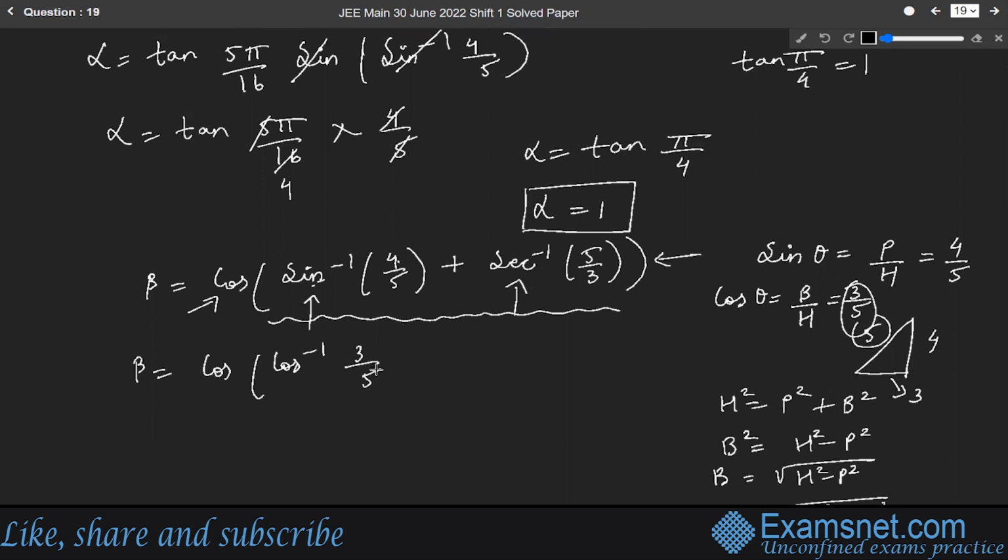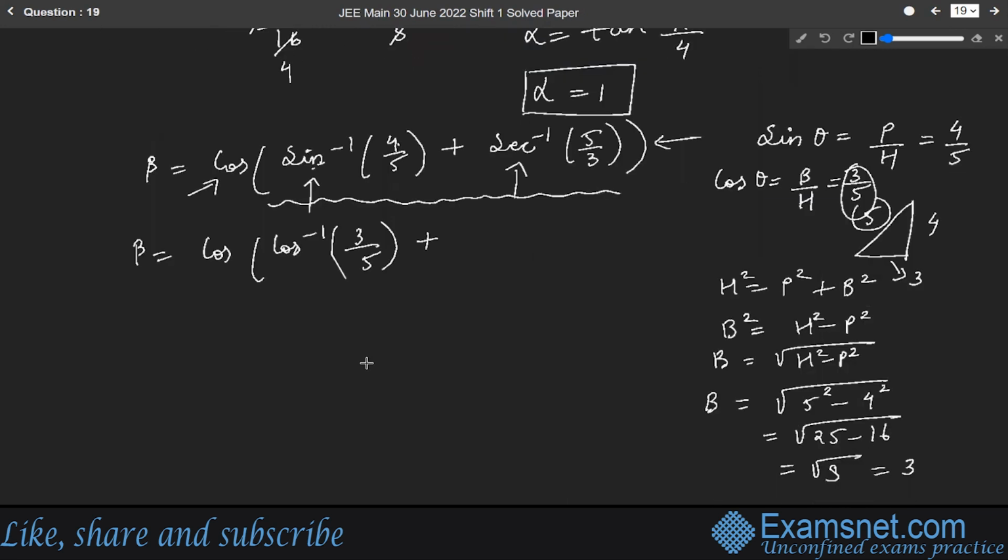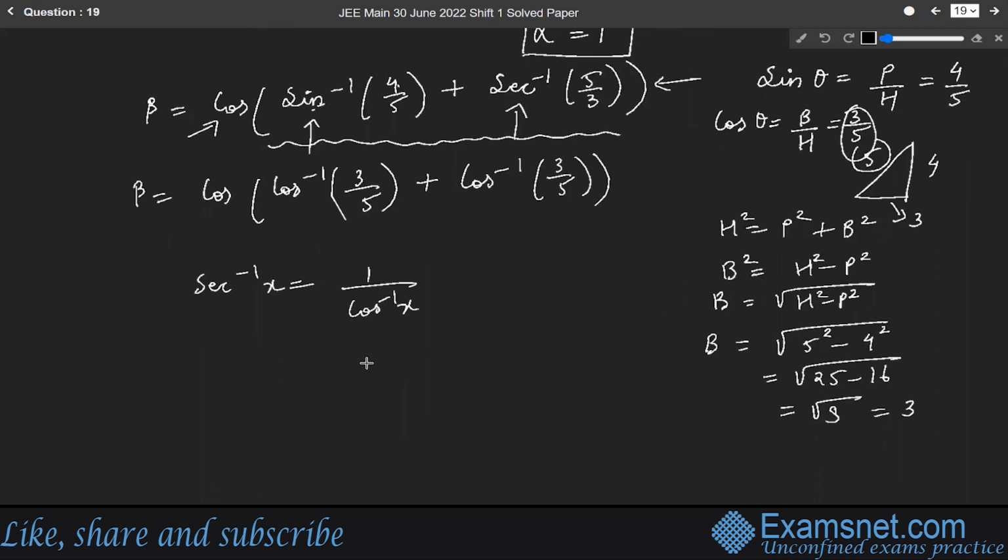You can see that we have transformed sine inverse to cos inverse. Then we have sec inverse. We know that there is an identity that sec inverse x is equal to cos inverse of 1 upon x. It means that if we want to transform sec inverse x into cos inverse x, then we have to reciprocal the values. So it will be cos inverse of 3 by 5, right? Now you can see that the whole expression is in the form of cos.